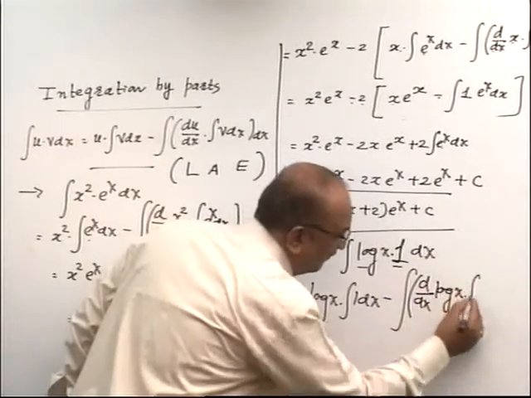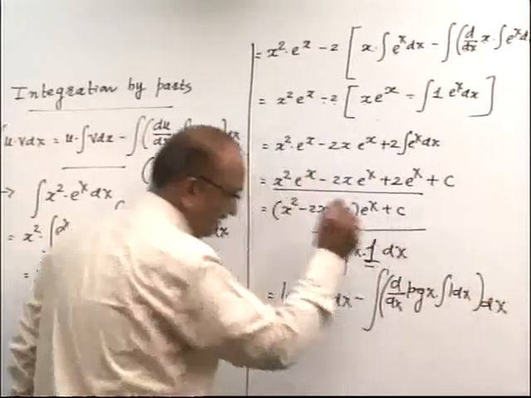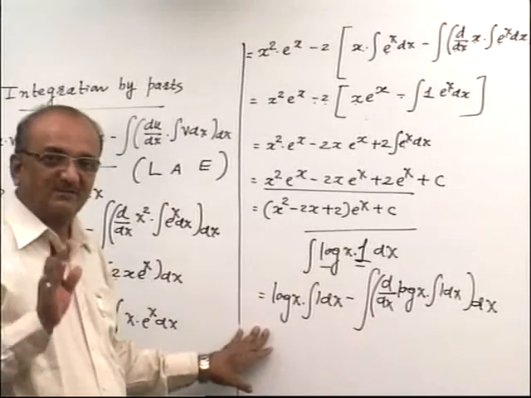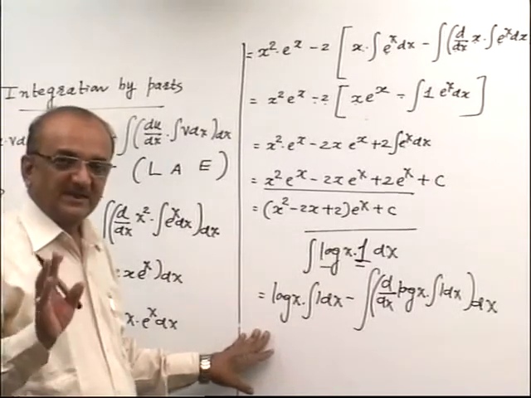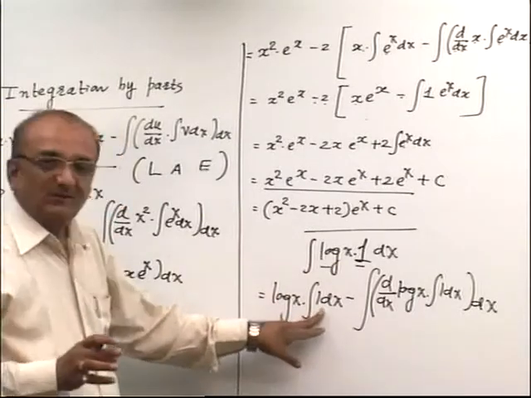Bracket of d by dx of log x into integration of 1 dx, bracket over dx. Simply, I have substituted the value of log x and 1 in their places. Integration of 1 dx is x.